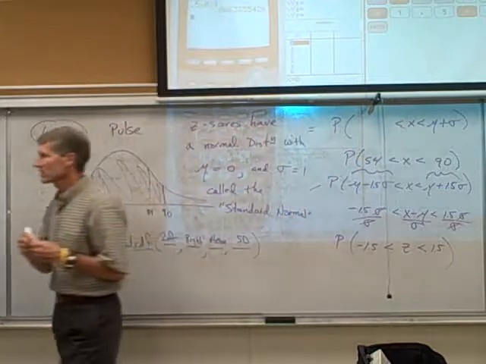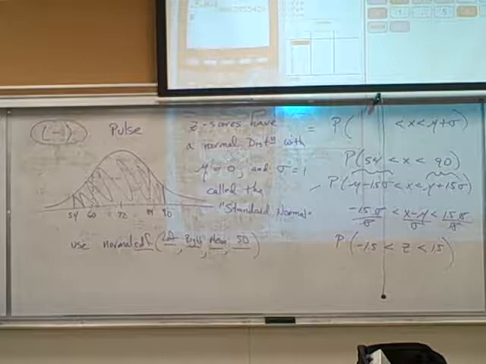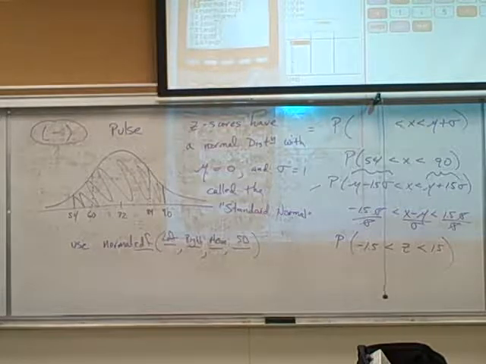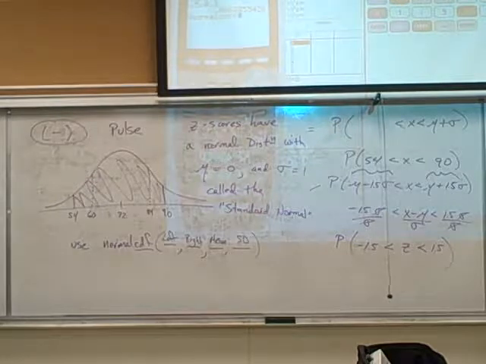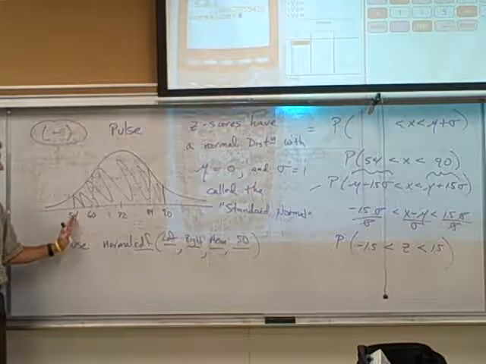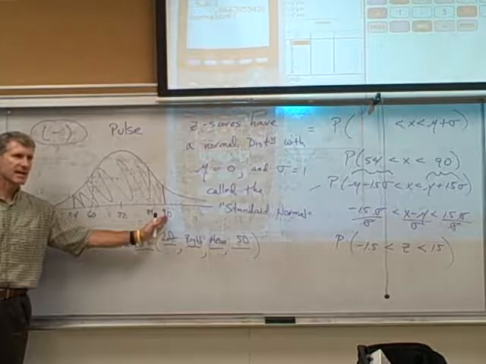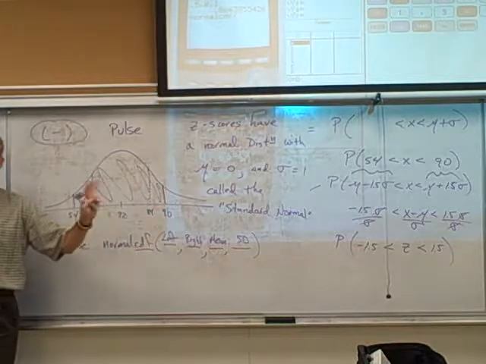So in your calculator, do second function vars again. Go down to normal CDF. This time, what's the area of my, well, I still had the drawing. I could have looked right there. The left edge is 54. The right edge is 90. But the mean and the standard deviation are different.